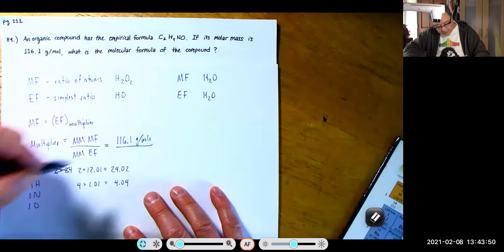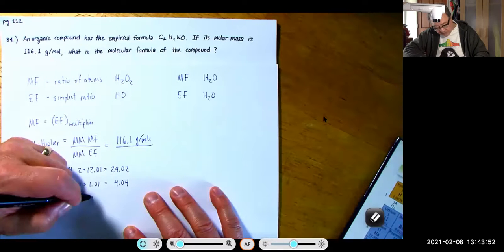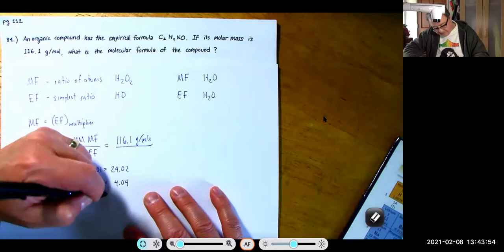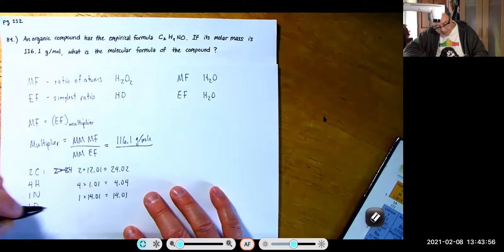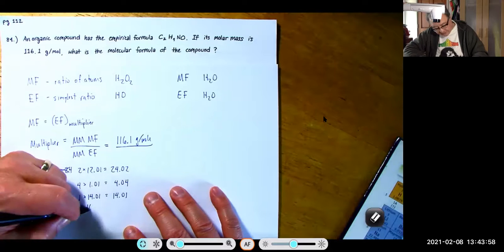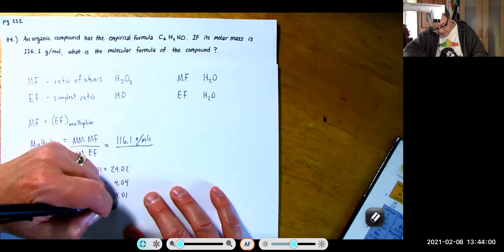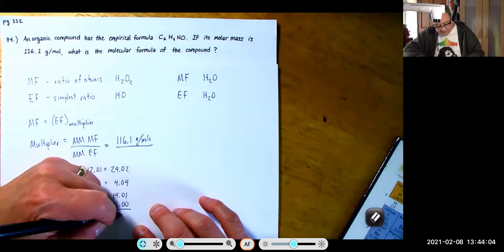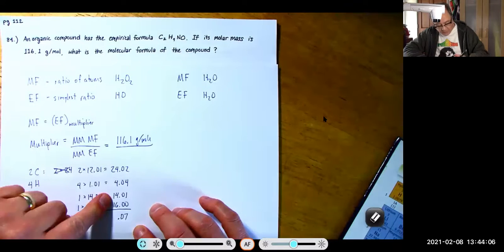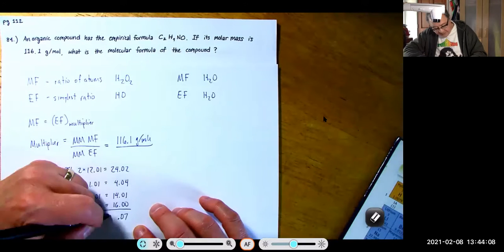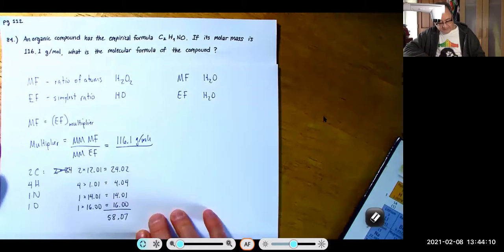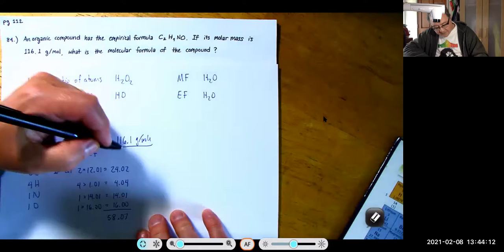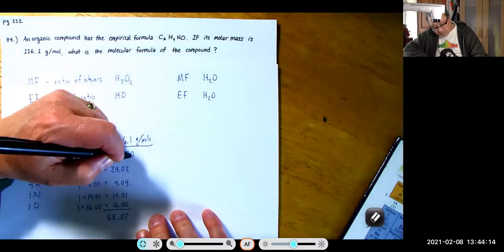For the nitrogen, we've got 1 times 14.01. For the oxygen, we've got 1 times 16.00. So when we add these all up together, we get 58.07. So I'm going to divide by 58.07 grams per mole.